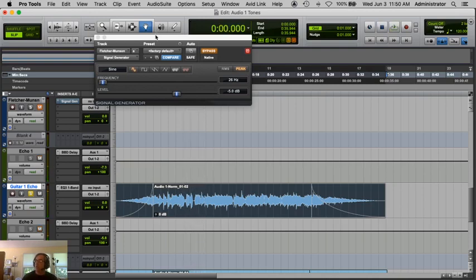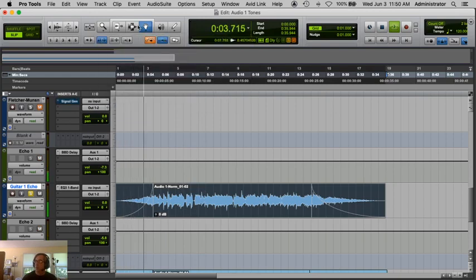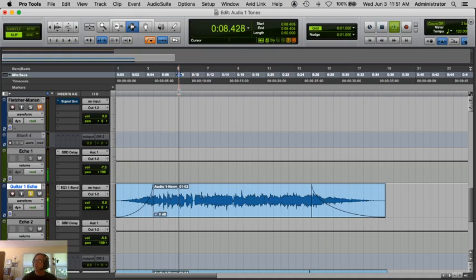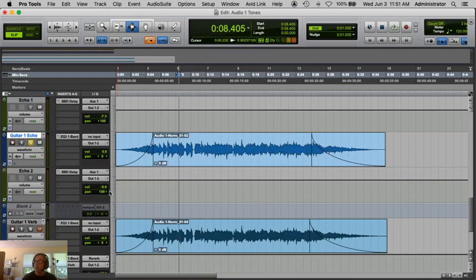So you can really hear the echoes, right? Those are echoes, right? Here is reverb, the same guitar, but I'm using a reverb.